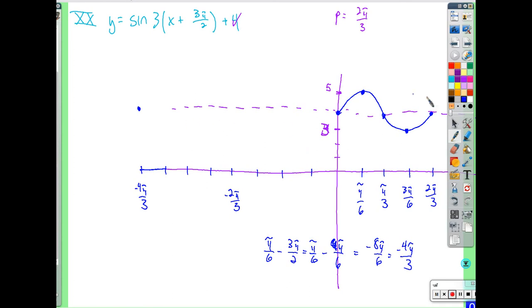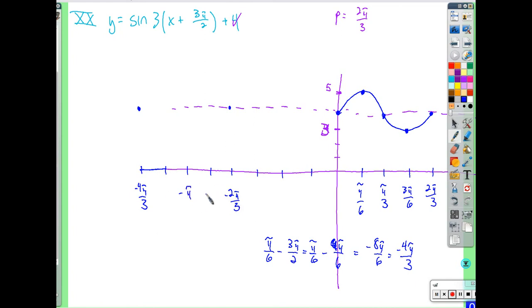We know that this shape is going to repeat itself, so we could just follow this same pattern here. We know that the period is going to be 2 pi over 3. This is a full 2 pi over 3. So this would be negative 3 pi over 3, so that's negative pi.